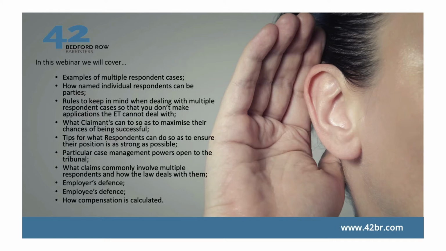We are going to touch on various tribunal rules and case law, and then look at practical tips for claimants and respondents, what they can do to maximise their chances of success. I'm then going to have a brief run through how the Equality Act and the Employment Rights Act deal with multiple respondent claims, and then look at the employer's defence and the employee's defence.